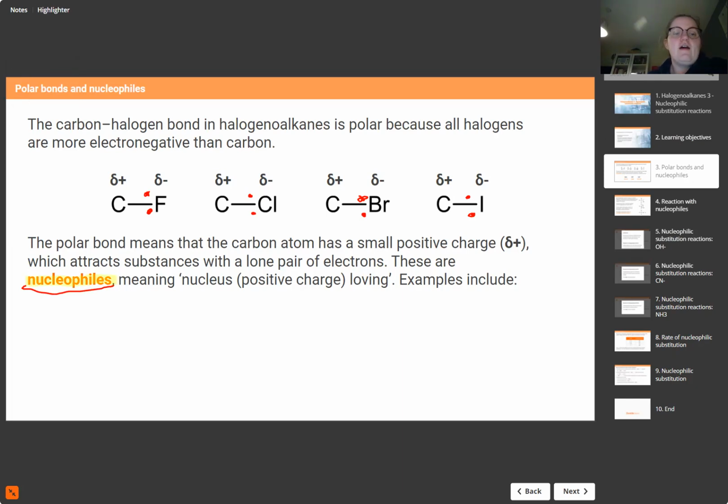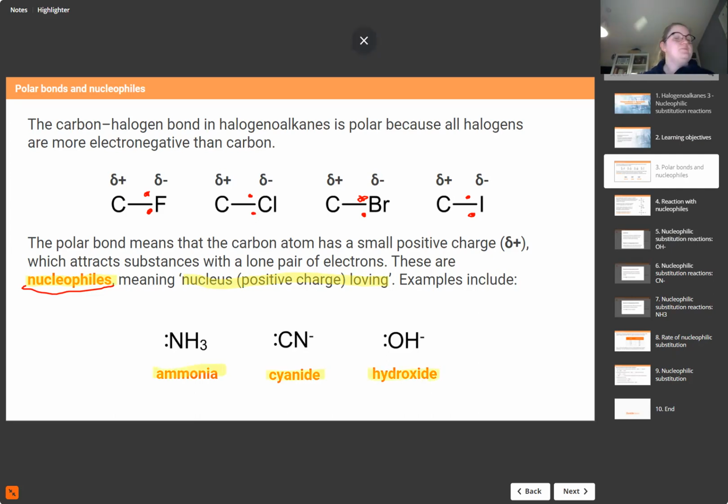Nucleophile means nucleus loving, so positive charge loving. Some examples of nucleophiles are ammonia, cyanide, and hydroxide. So we're going to look at how we do nucleophilic substitution reactions, and then look at them specifically with ammonia, cyanide, and hydroxide.